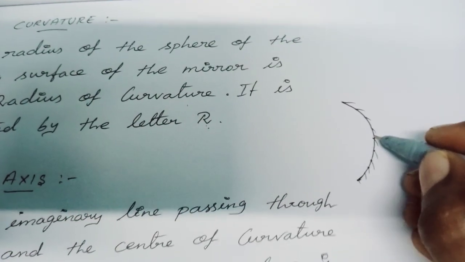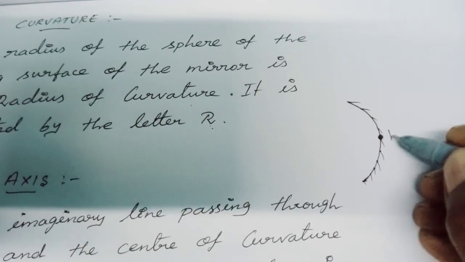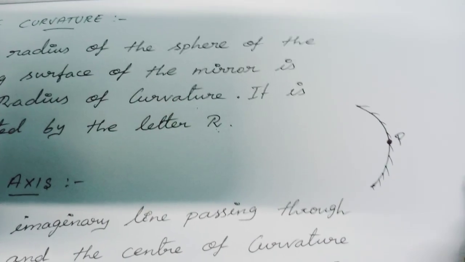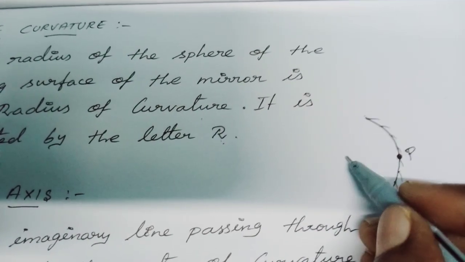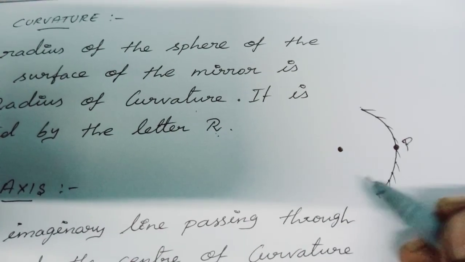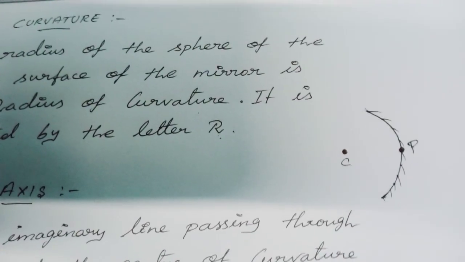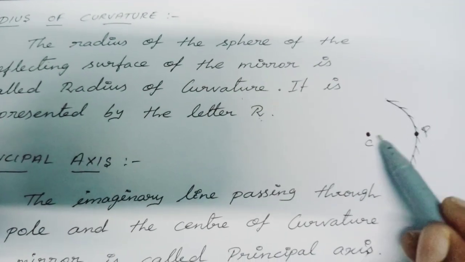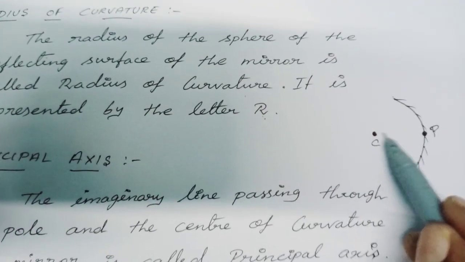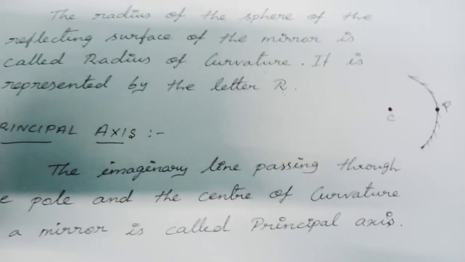We know this point is the pole, represented by the symbol P. The center of the sphere is the center of curvature, represented by the symbol C. And this distance is called the radius of curvature.